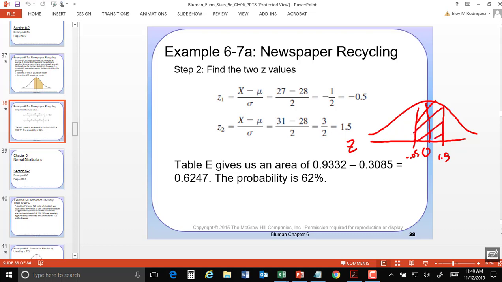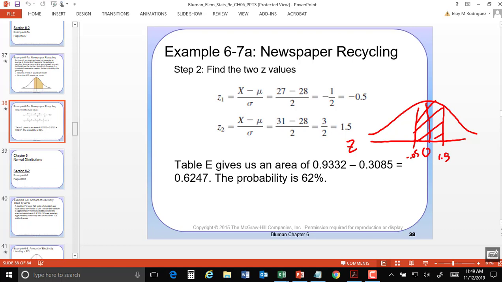So what am I going to do? I'm going to find my probability area curve from here on back. And then I'm going to subtract from this area, from this one back. And so that I can answer the question, the area from here on back is 0.9332. And the area from here on back is 0.3085. And that's the area under the z-curve, which answers the question on the x.